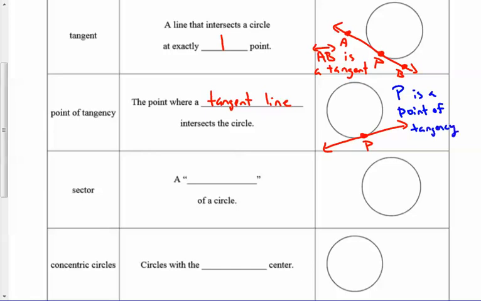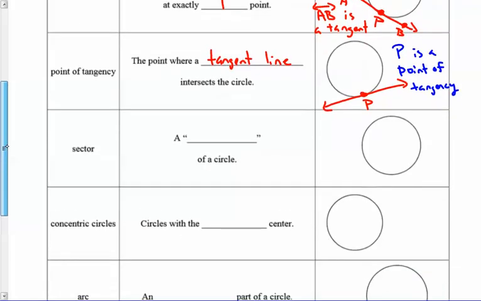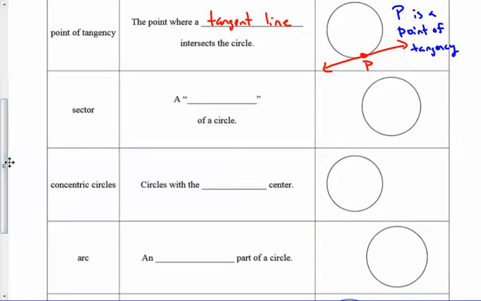And there's all kinds of interesting properties that we'll be talking about when we get to tangencies and tangents and secants. But for now, just know that a point of tangency is the point where a tangent line intersects the circle.